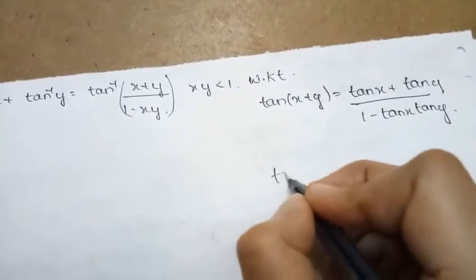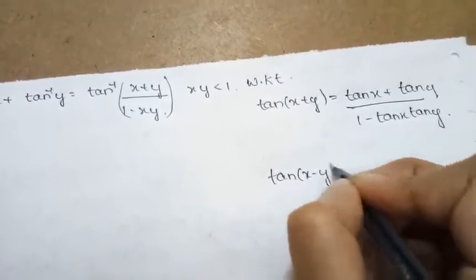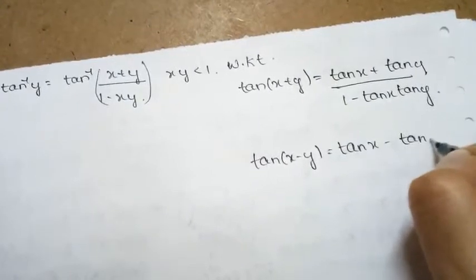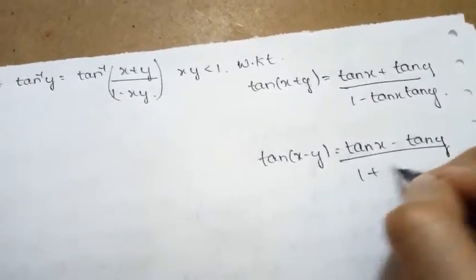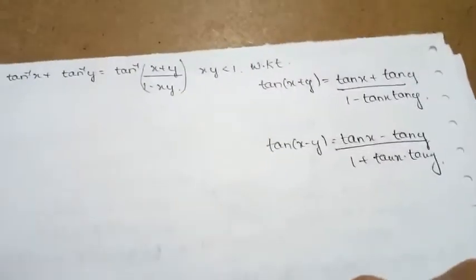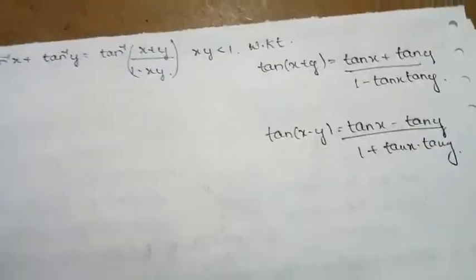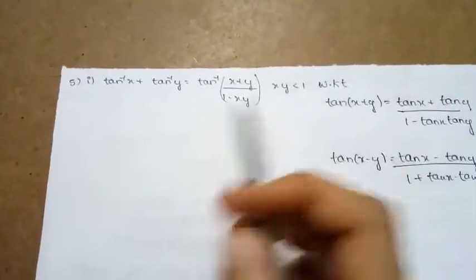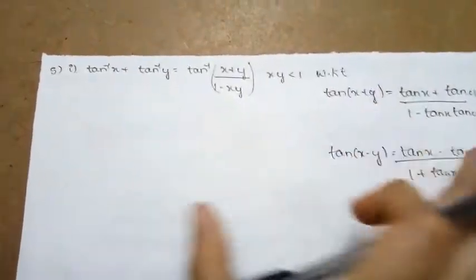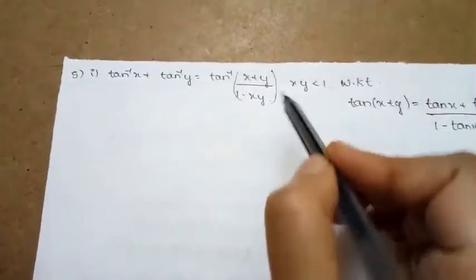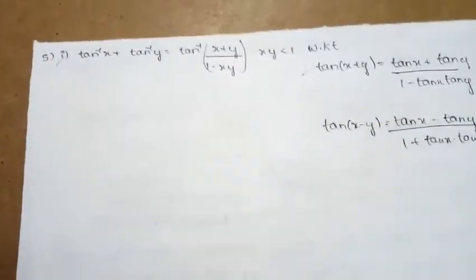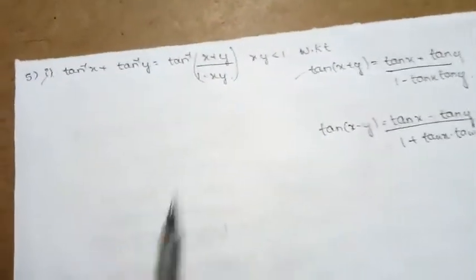Similarly, there was another property, tan of x minus y is equal to tan x minus tan y divided by 1 plus tan x into tan y. So these two properties we have already learned in trigonometry. Now by looking at these two, you might feel there is some similarity here, right? There is something similar in these two properties. How this is useful, you can see here.